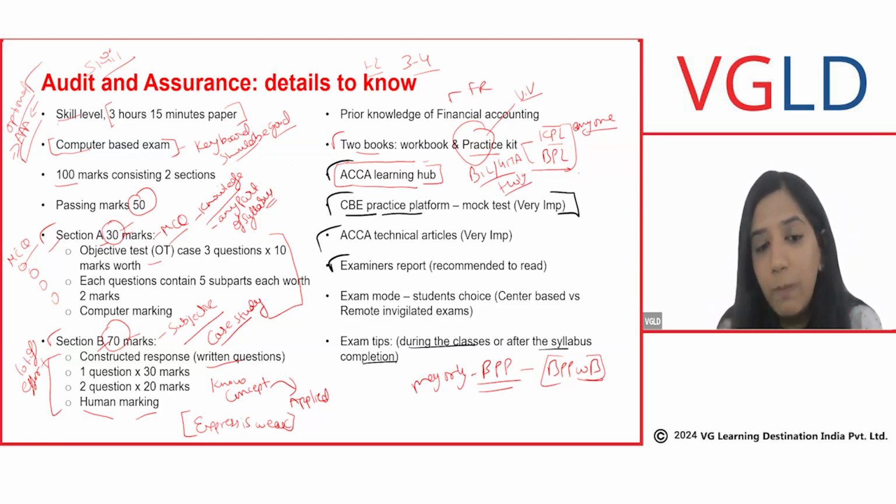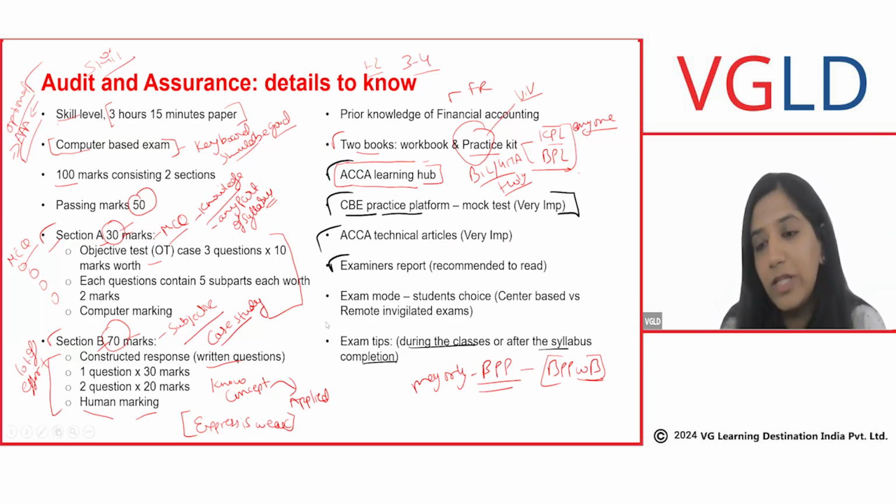Because it's an objective paper, it'll be an MCQ. There'll be one question and you'll be given 4 options for it. You'll have to select the right answer, and that'll be checked by the computer. It's almost going to be like how OMR sheets are being checked. So the computer system will be checking it. You can be rest assured that at least 30 marks will have the right amount of checking.